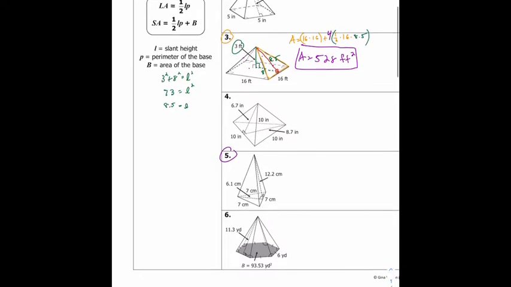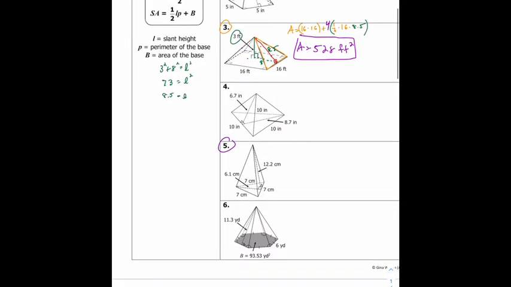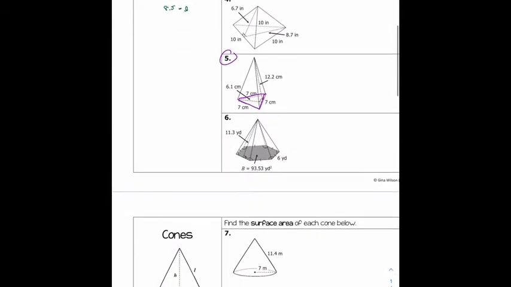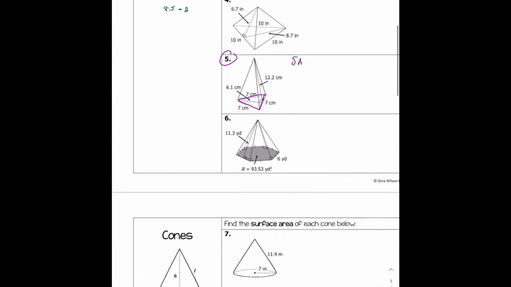Number 5. What kind of pyramid is this? It's a triangular pyramid. So instead of saying area, I should say surface area. So our surface area here is going to first start with our base.